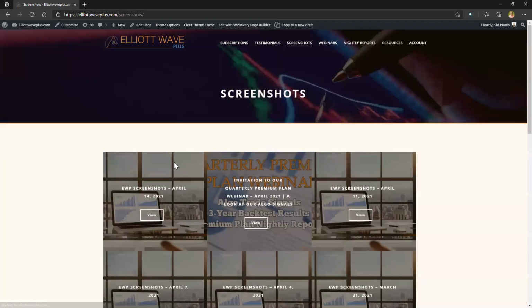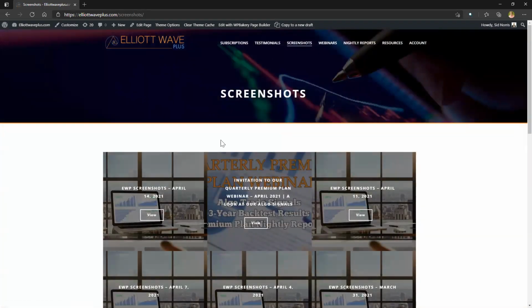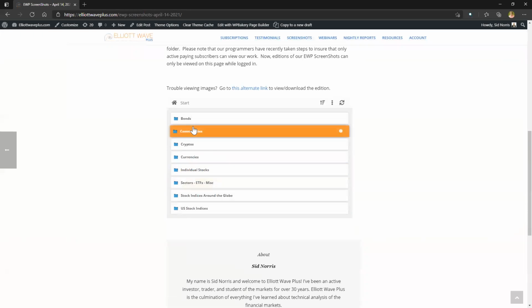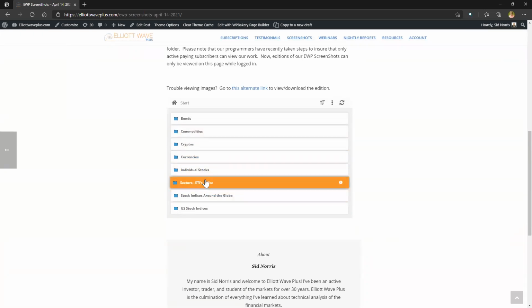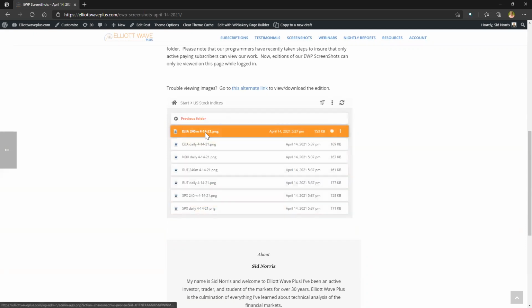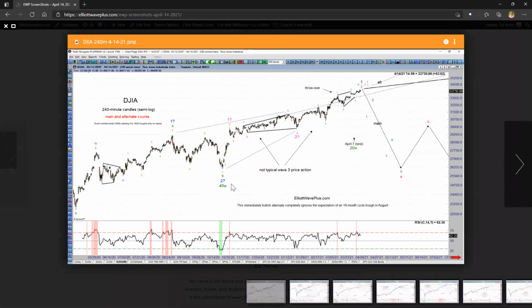One is screenshots, and every Sunday and Wednesday, I put up screenshots of my Elliott Wave counts and associated Fibonacci price targets on lots of items. Typically on Sundays there are generally about 130 screenshots. On Wednesdays, there are about 60.